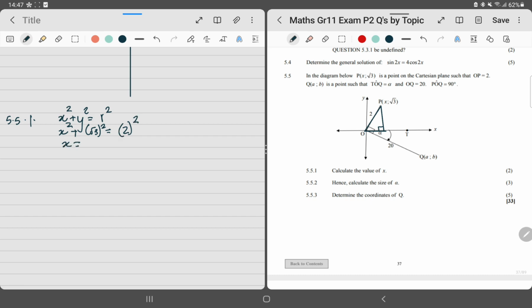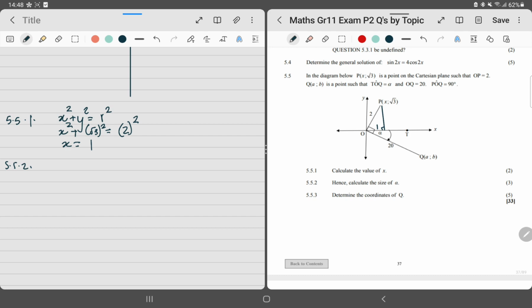So x should be equal to the square root of 2 squared minus square root of 3 squared. So I'm getting 1. So our x is equal to 1.